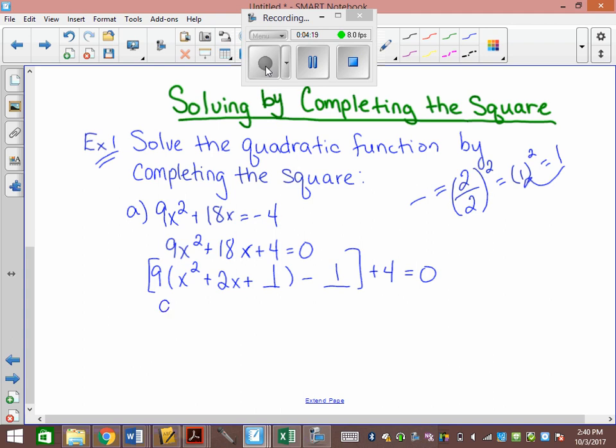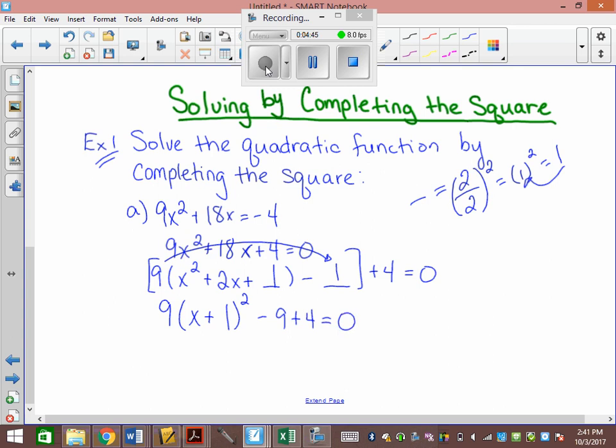So then I'm left with 9 times x plus what squared? What multiplies to give me 1 and adds to give me 2? x plus 1, right? Squared. What can we not forget to do? Multiply. 9 times negative 1 is negative 9, plus 4 equals 0.